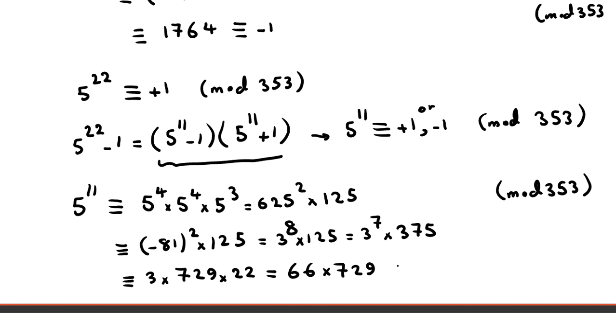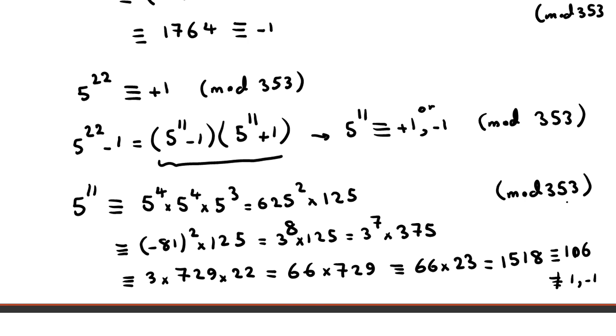Okay, and instead of 729, if you subtract twice 353, it will be 23. And if you multiply these two numbers, it will be 1518, which is congruent to 106. Now, 106 is not 1 and is not negative 1.